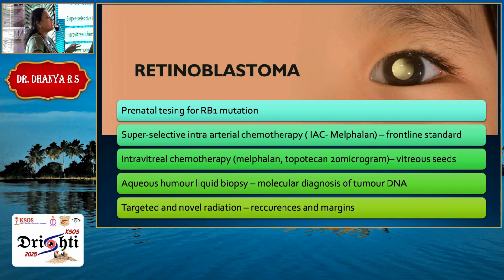Intravitreal chemotherapy with melphalan will take care of the vitreous seeds. Aqueous humor biopsy will give you the tumor DNA. Previously it was external beam radiotherapy; now it is a targeted and novel radiation, which reduces the recurrence as well as takes care of the margins of the lesions.